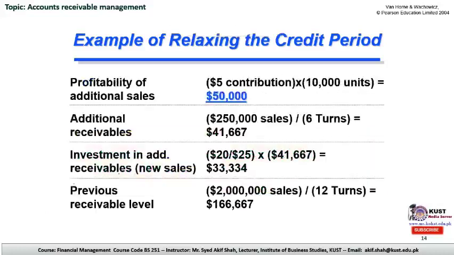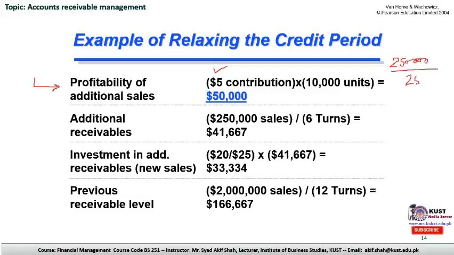In step one, the profitability of additional sales should be calculated. We have already calculated that the profit margin per unit is $5. And as we know, we are going to have additional sales of $250,000, and the price per unit is $25.